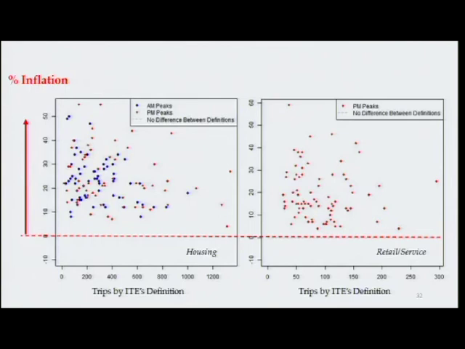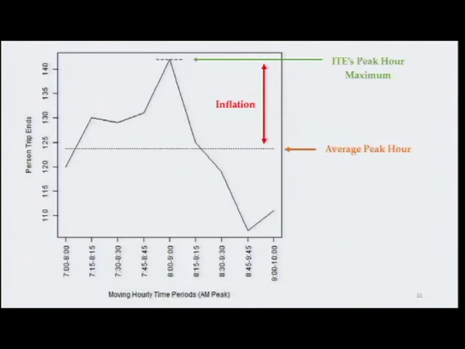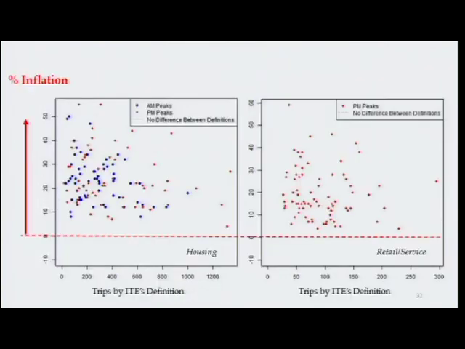So in these cases, I'm looking at those moving sum averages and the differences between the average definition and the maximum that are used in all of ITE's methods. I'm comparing the difference between the maximum, ITE's definition, with the average observed rate. And so 0, that red dotted line, means no difference. And for all examples, we see an inflation of what we're defining as our maximum average.